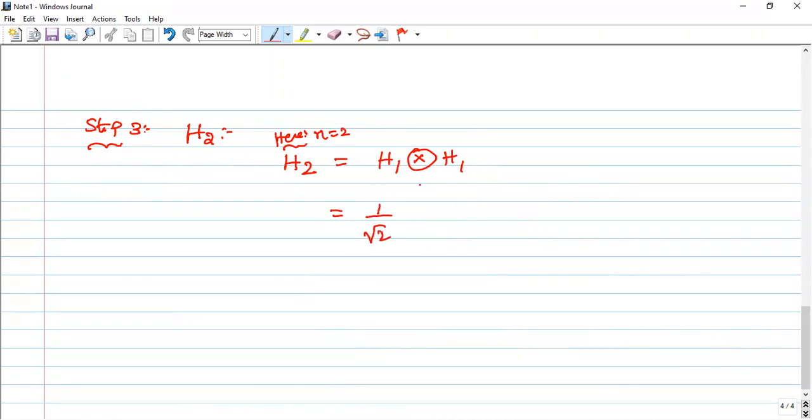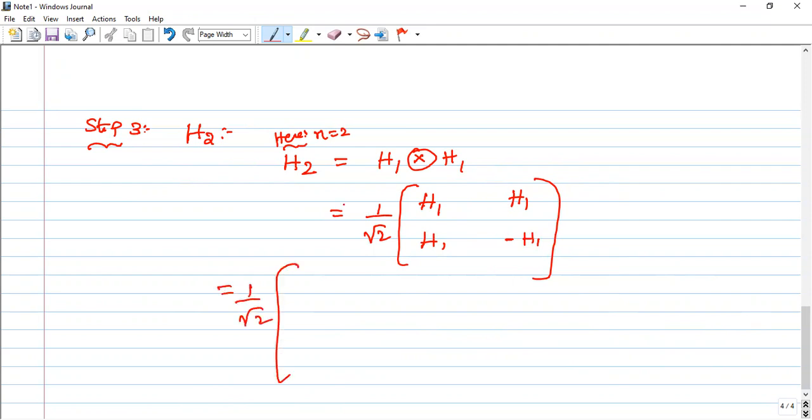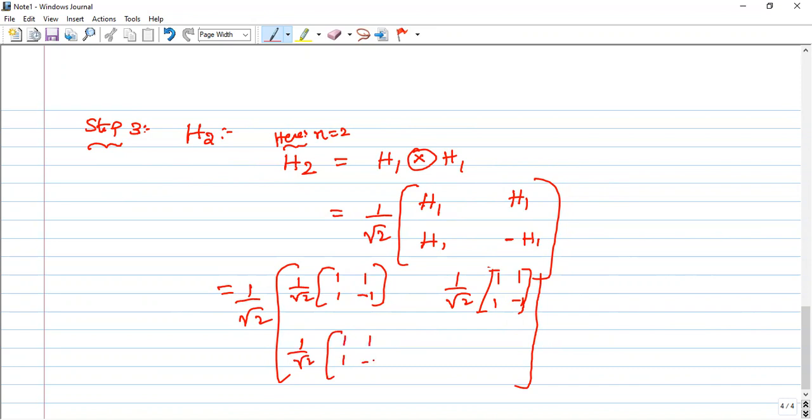So 1 by root 2 of H1, H1, H1, minus H1. That is equal to 1 by root 2 of H1, meaning 1 by root 2 of 1, 1, 1, minus 1, again H1, 1, 1, 1, minus 1; next 1 by root 2 of 1, 1, 1, minus 1, minus 1 by root 2 of 1, 1, 1, minus 1.